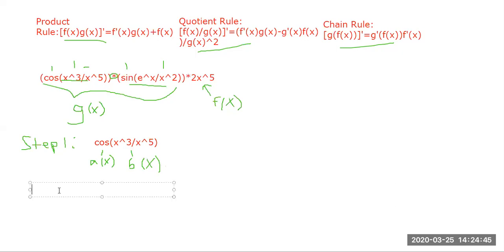So a of x equals cosine of x. As you can see, this whole intersection is x. That's how we know we're going to be using a chain rule to find its derivative, because it's a function inside a function. So that was the easy part.